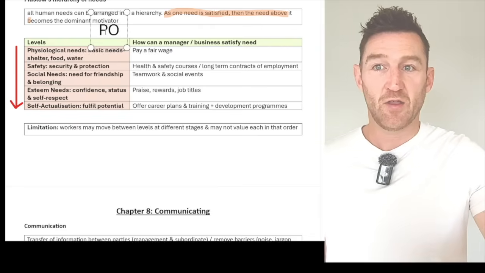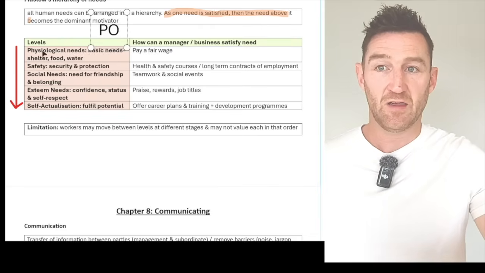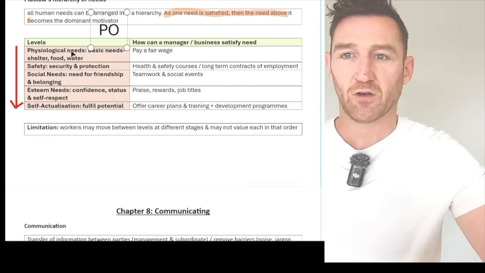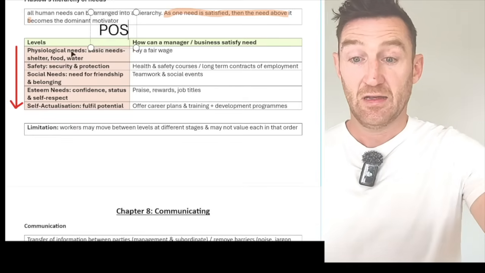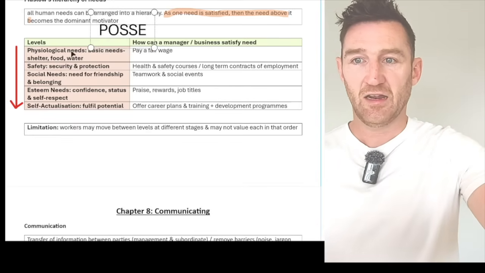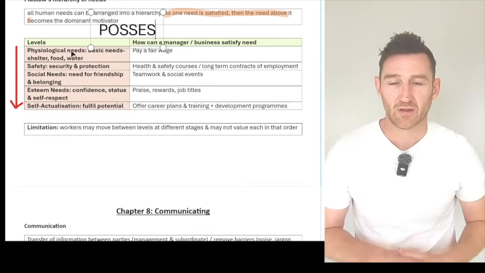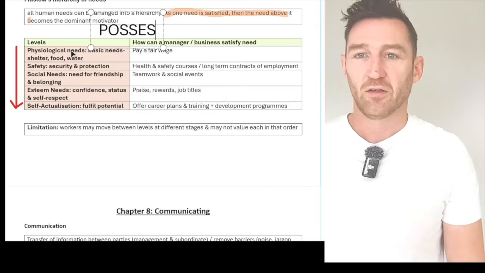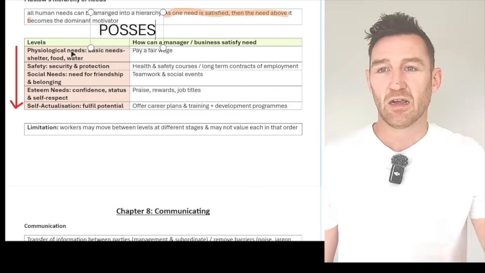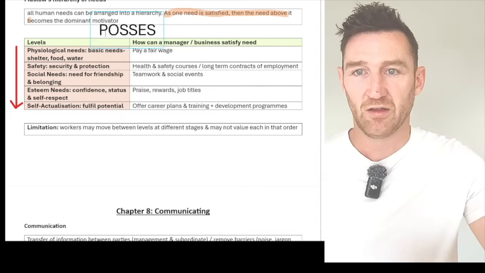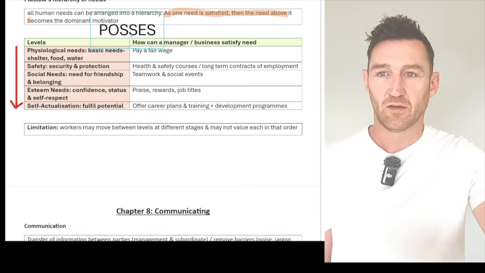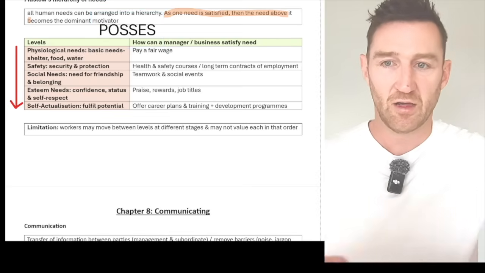So the PO there is physiological, so physiological, we're covering both the P and the O, or that first one. Then safety, then social, then esteem, then self-actualization. So that word covers off the stages in the correct order. If you think of that, if you see it in the exam, it'll help you to come up with the stages in the correct order. So POSSESS: physiological, safety, social, esteem, and self-actualization.